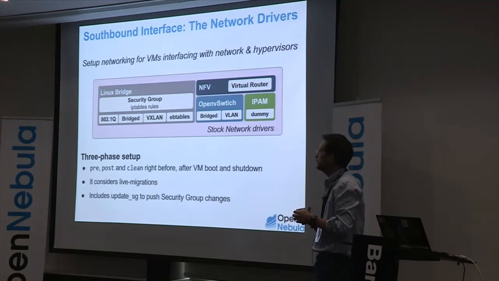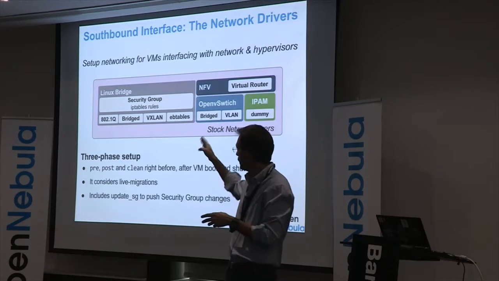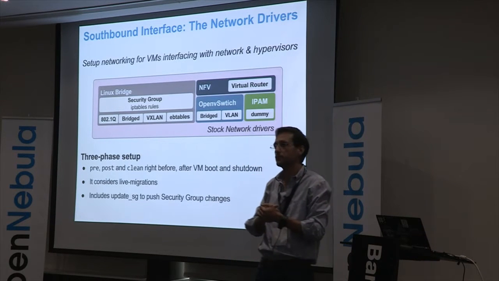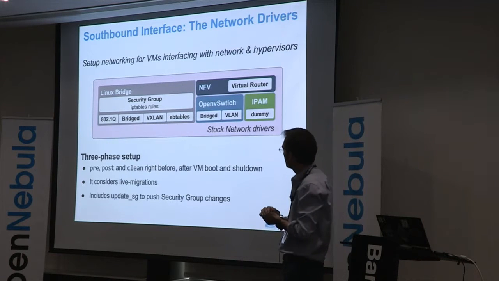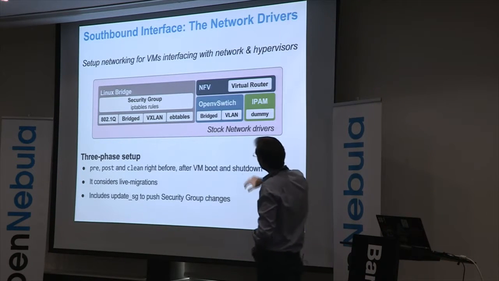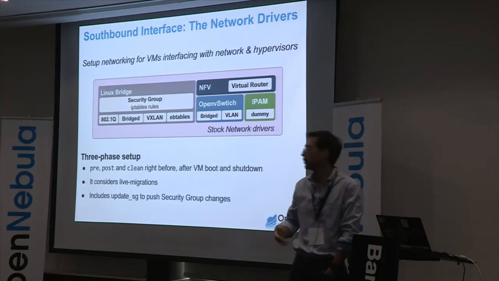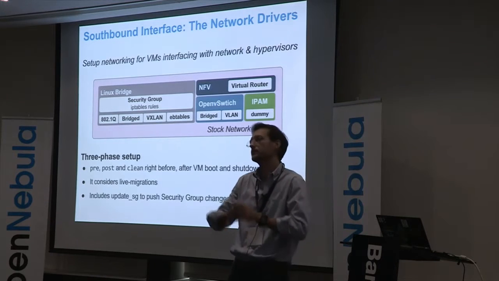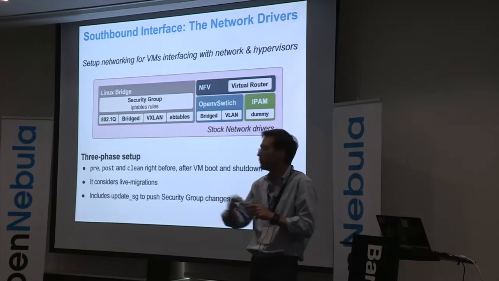And on top of that, we have the security group extension. Based on iptables, we implement these security groups for these bridging or networking modes, right? Then we have OpenVSwitch that can work in bridge mode or VLAN. Bridge is to attach the virtual machine to an existing OpenVSwitch in your hypervisors.